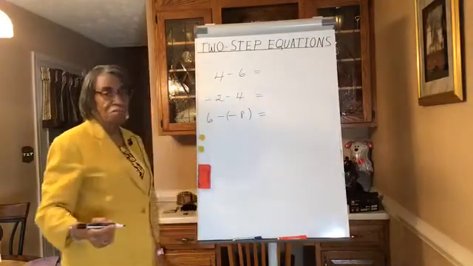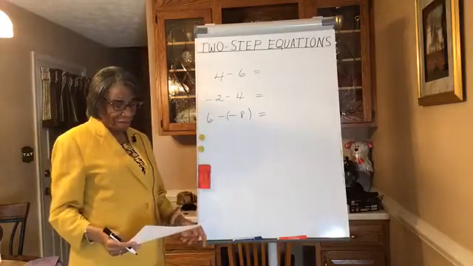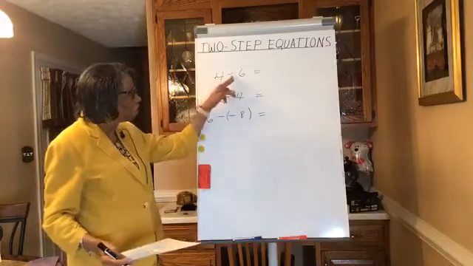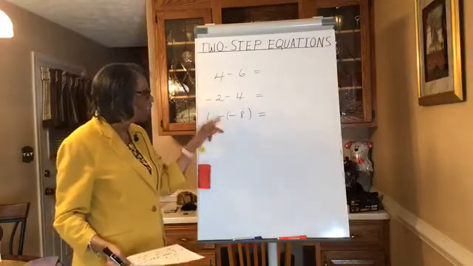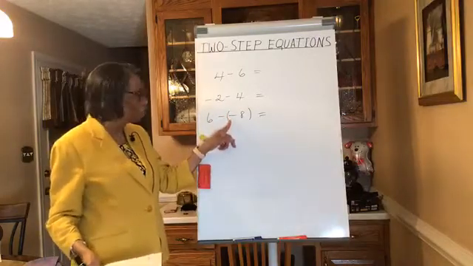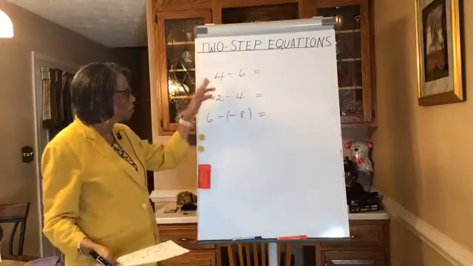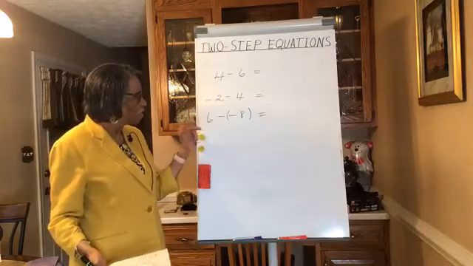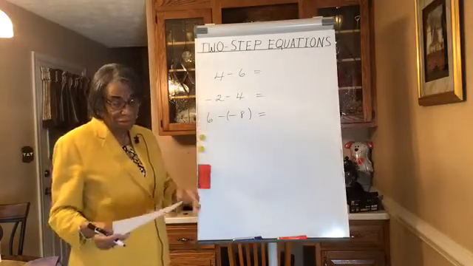All right, I'll give you a moment to work with it. And let's just remember that when we're subtracting, and all of these signs say subtract, this sign says negative, and this sign says negative. All right, so this says 4 minus 6, negative 2 minus 4, 6 minus negative 8.